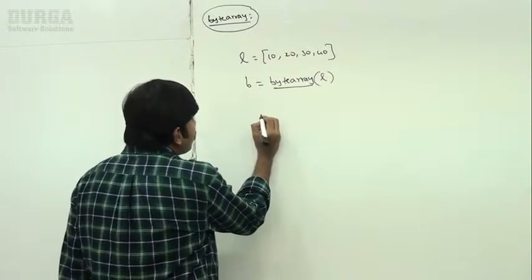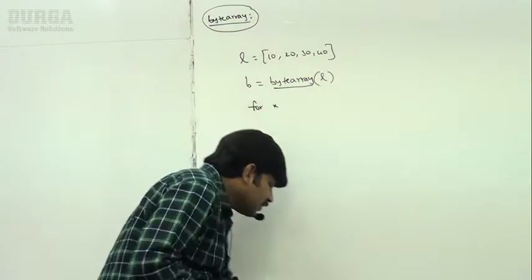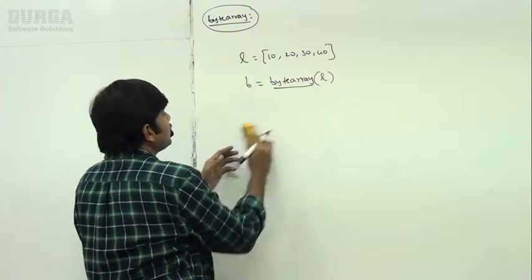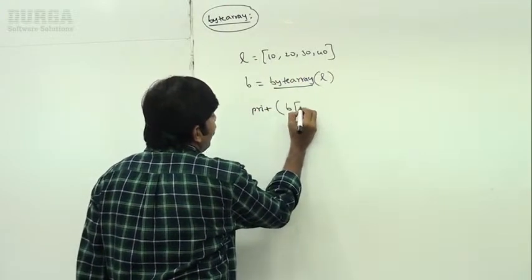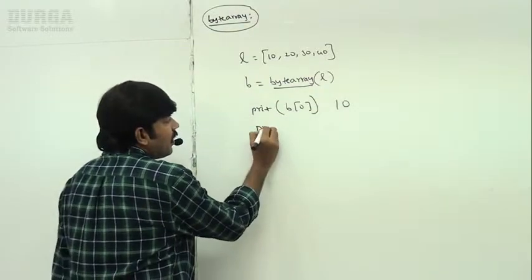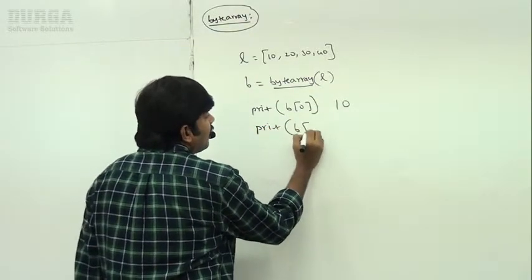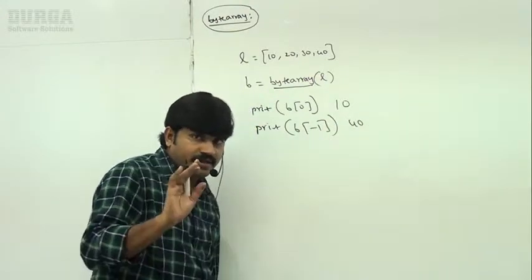Now let me print the values present inside this byte array. Print of b of 0, what is the answer? 10. Print of b of -1, what is the answer? 40 we are going to get. Observe carefully.